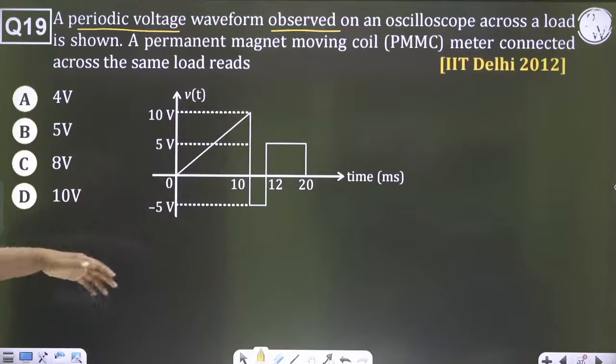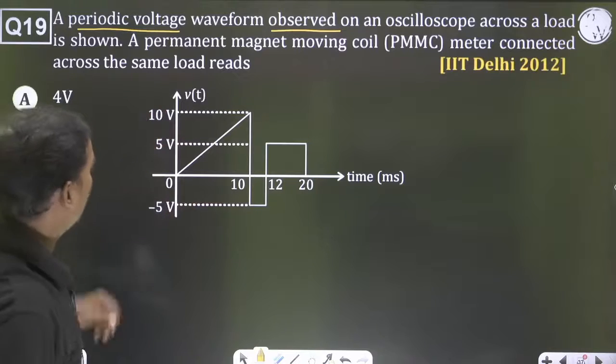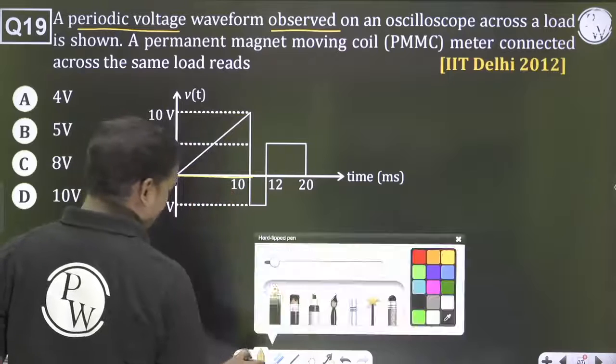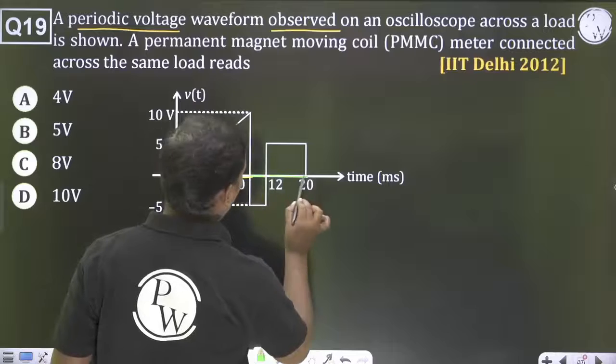This is a voltage waveform, not a current waveform. If you see, 0 to 10 is one waveform, 10 to 12 is another waveform, 12 to 20 is another waveform.